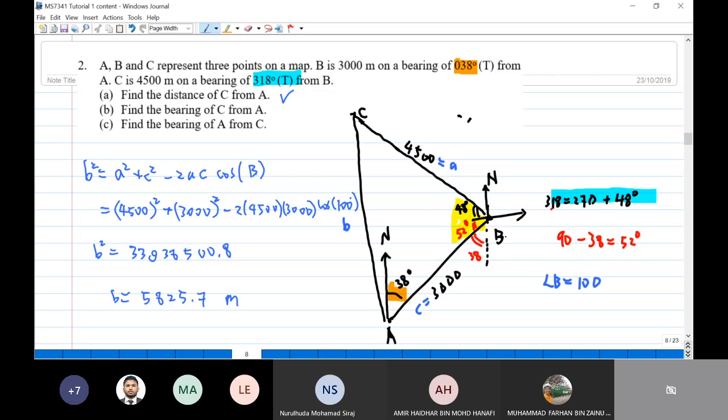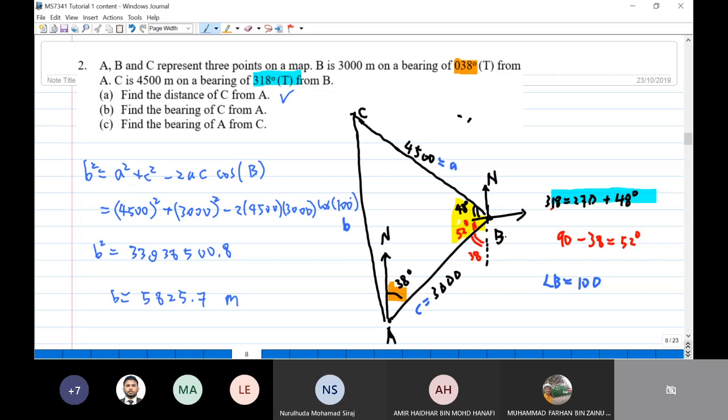So this is how you find AC. I use the law of cosine to find AC for you. In this type of navigation question, you must use the law of sine or law of cosine to find out the information you need. So that finishes the distance C to A.